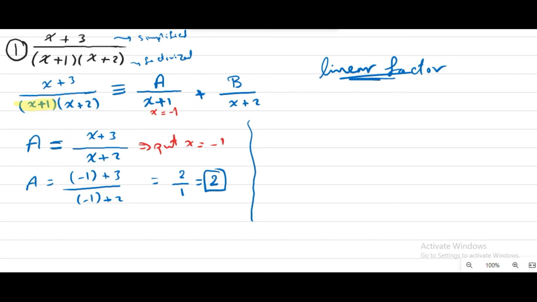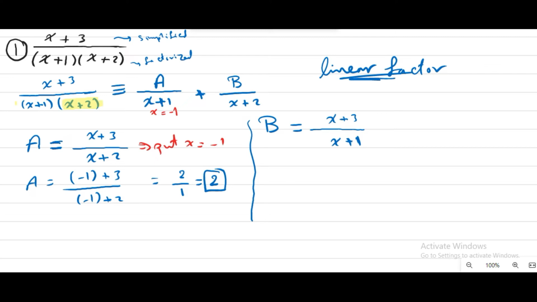The same with letter B. The denominator of letter B is linear, so we can say B equals, and we cover this denominator from the big one. Here it's x + 2, so this one will be covered and this one will be the same, x + 1 as it was. So the remainder will be (x + 3) over (x + 1).